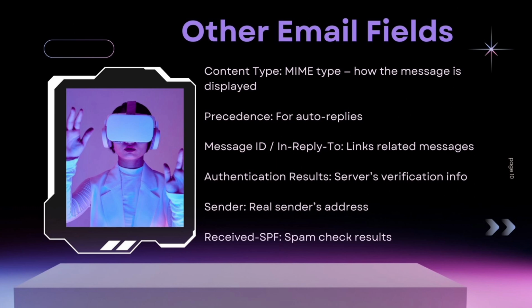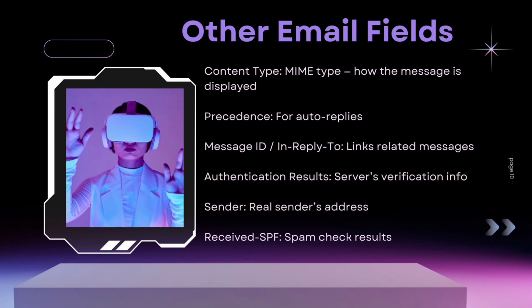Precedence is used for automatic replies or out of office messages. Message ID helps link related emails together. Authentication results stores results of server verification. Sender is the real address of the sender. Received SPF records spam and verification check results.